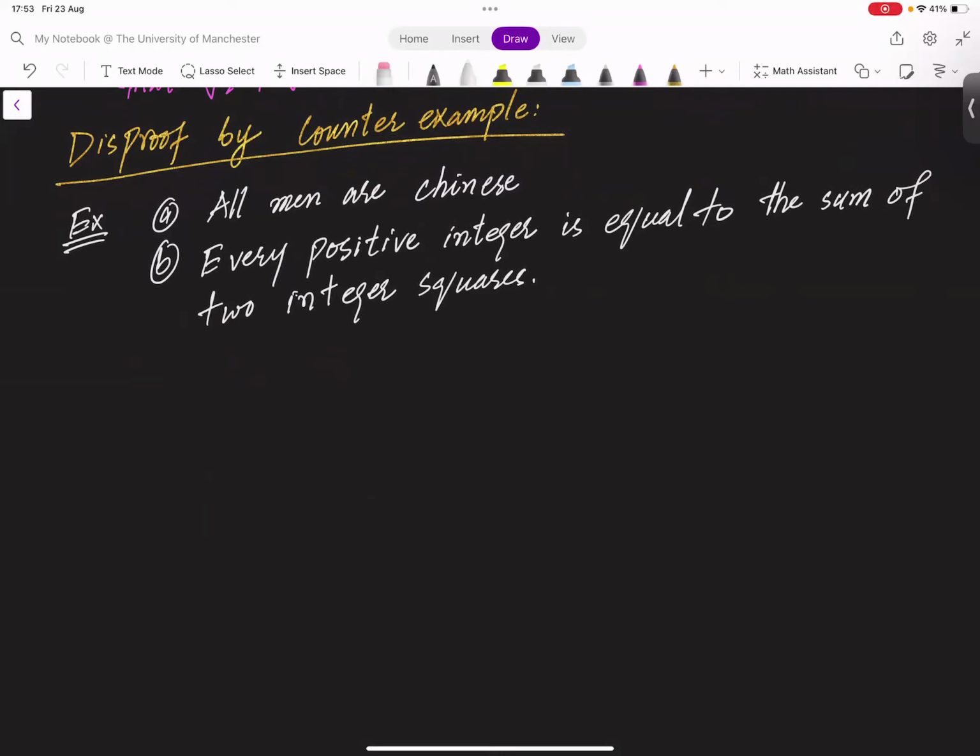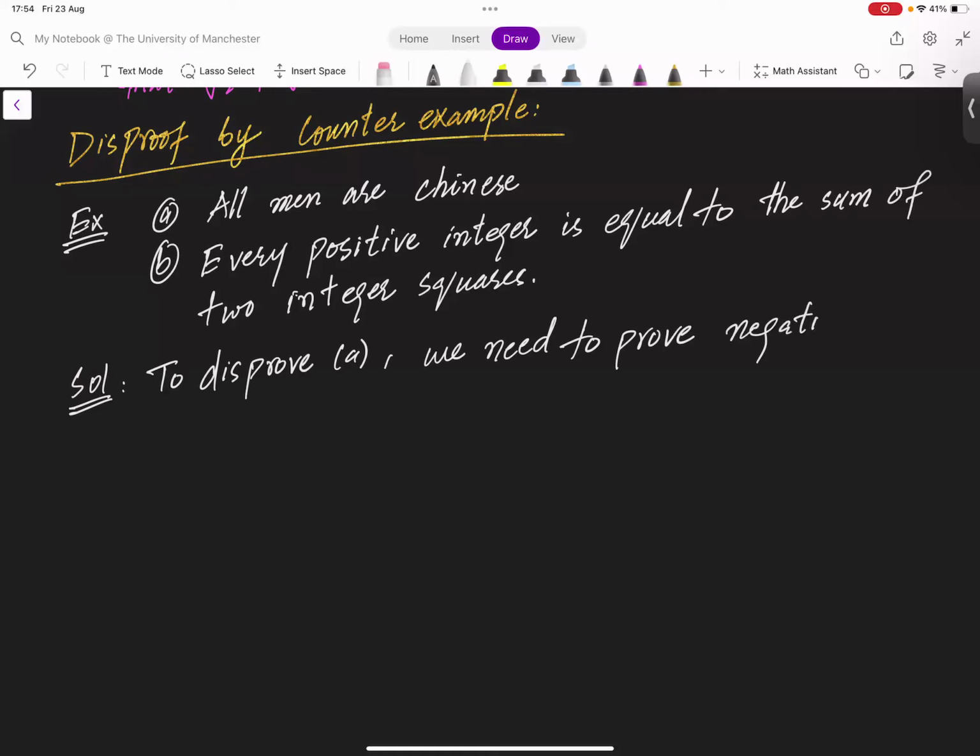To disprove A, we need to prove the negation. This is also a way of proving.